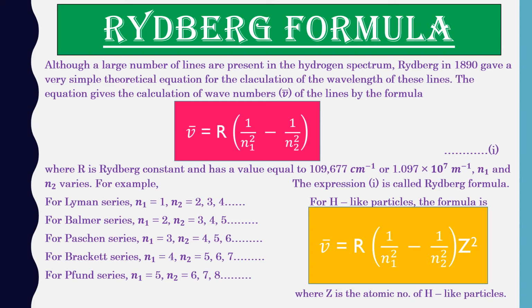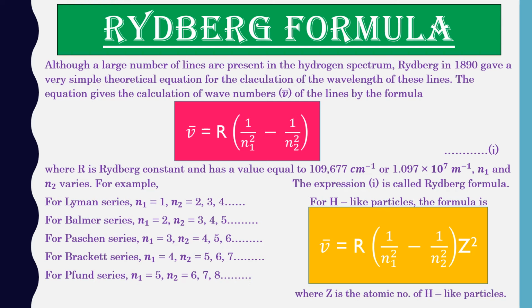So we can say that this expression is called the Rydberg formula. For hydrogen-like particles, we can write the formula as nu bar equals R multiplied by (1 by n1 square minus 1 by n2 square) multiplied by z square. Here z is the atomic number of the hydrogen-like particle. Hydrogen-like particle means having one electron.